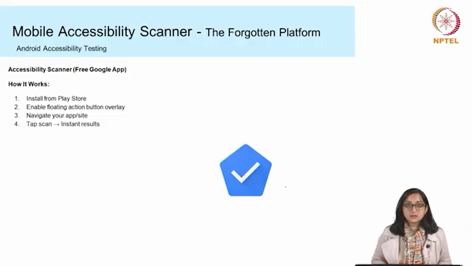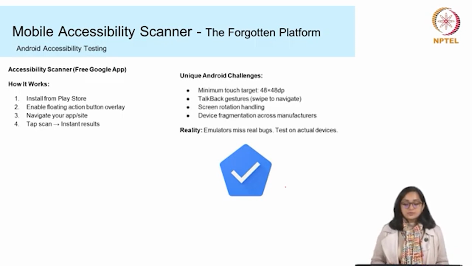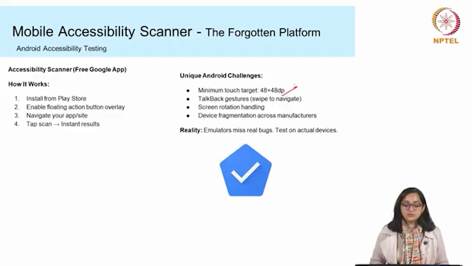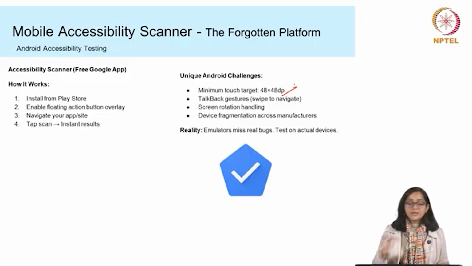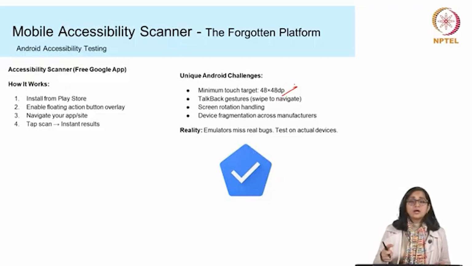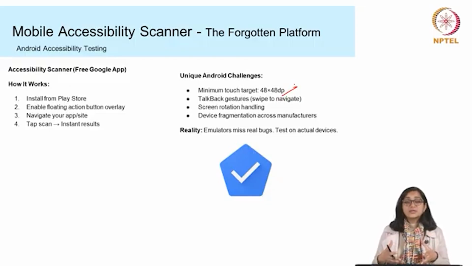you get instant results. So there can be some challenges which are unique to Android. The minimum touch target has to be 48 by 48 dp. Then TalkBack gestures, so swipe to navigate and all of those things are there, because the system relies on the fact that you're not able to visually interact with the screen.